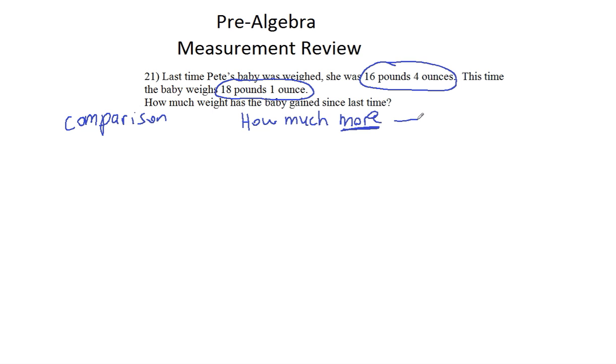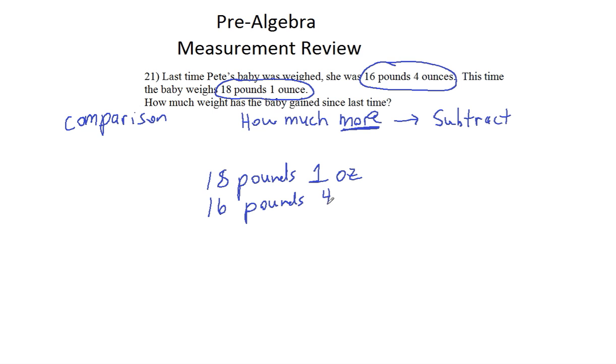So how much more? That's typically going to tell me that I need to subtract. Okay. So I'm going to take the weight that we have this time, 18 pounds and 1 ounce, and I'm going to subtract the 16 pounds and 4 ounces. Okay, again, because this is like a comparison, how much more does she weigh?